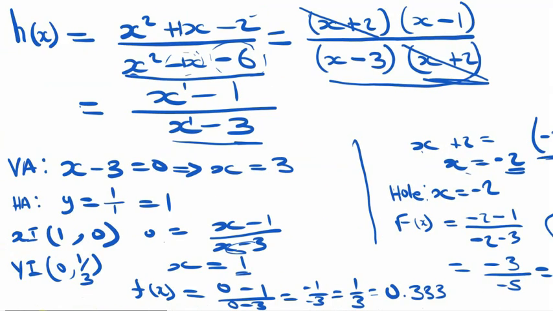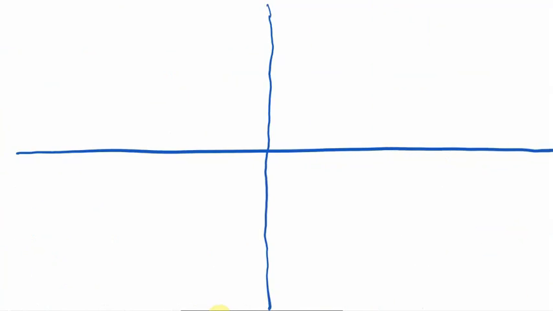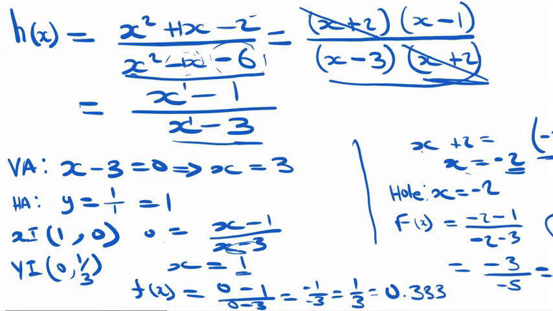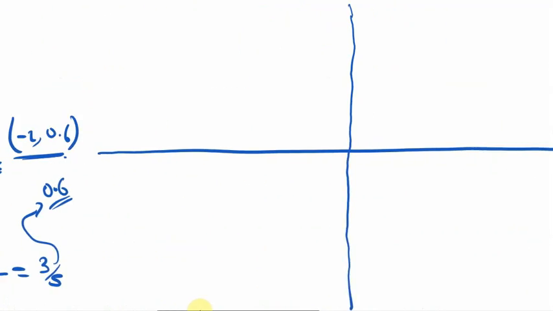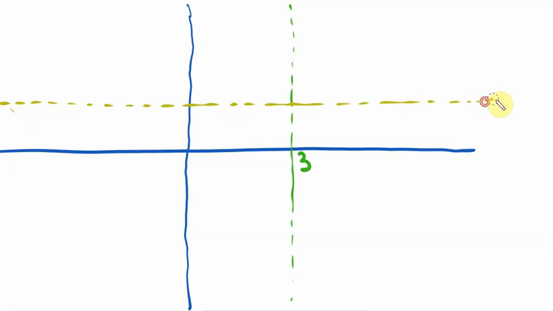Vertical asymptote located at x is equal to 3, and horizontal asymptote at y is equal to 1. x is equal to 3 and y is equal to 1.